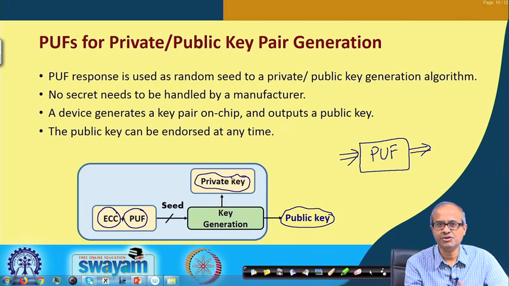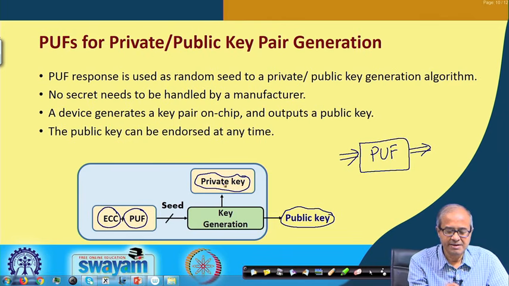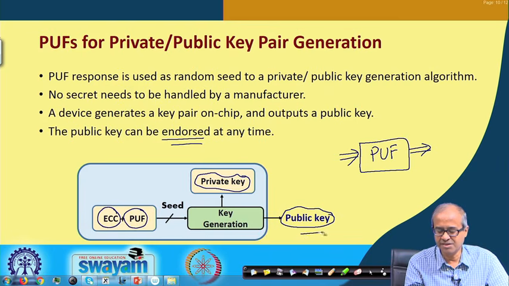You are not storing it anywhere, and this private key can be generated online. The public key also can be generated or endorsed anytime you want. You can again use that PUF to apply a particular challenge, get a response, and the key generation module will generate the same public key.